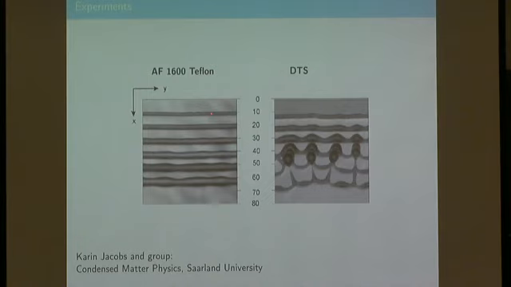This is an overlay of the rims. They follow in time, but this here is an overlay when the dewetting film or the rim has traveled 10, 20, up to 60 microns. And so we follow the shape of the rim if we look from the top onto the film.